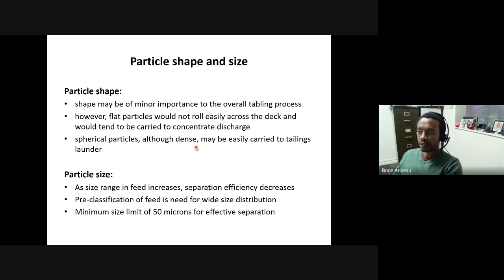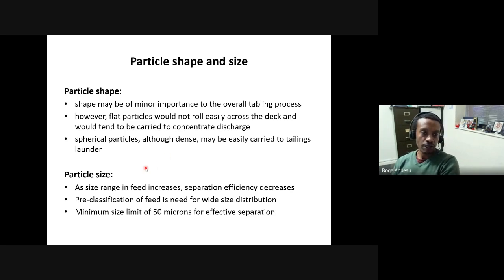If I have flat particles, they don't roll very easily on the table. So even if I apply wash water, because they're not really rolling nicely, even though they're light and gangue, they may go all the way to the concentrate end where I should only get the heavy part. So again, shape alone may not be the only factor, but it can play a role in affecting the performance of a tabling operation.